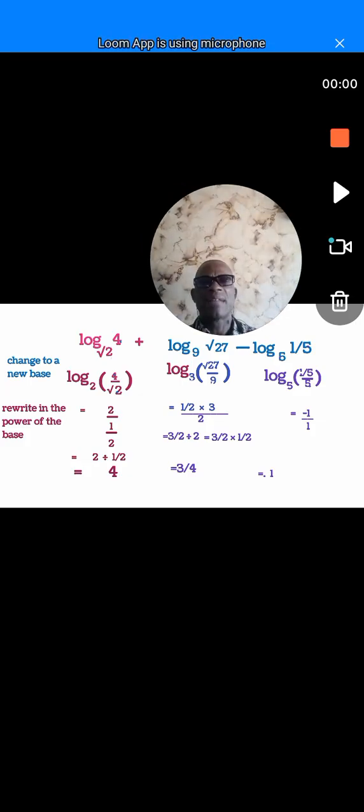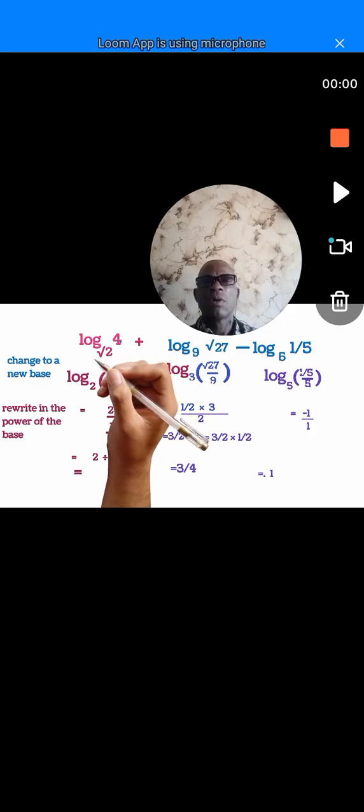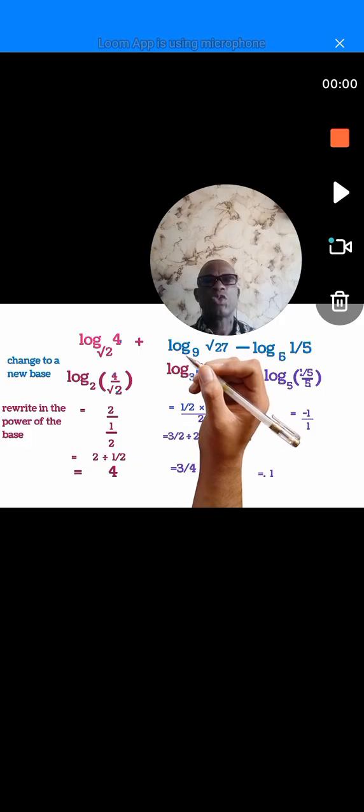Now what do we do next? You discover that for the expression log 4 base root 2, the solution is 4. The expression log root 27 base 9, the solution is 3 over 4.